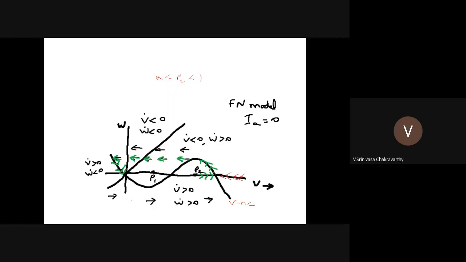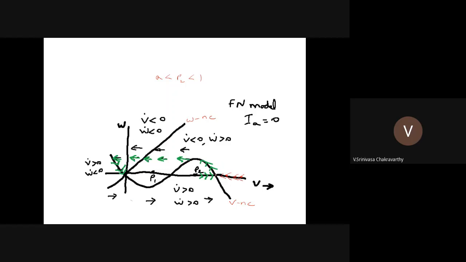But once you go to the line, V dot is 0, but that doesn't mean there is no force acting on the point, because W dot is still non-zero. The W null plane is here, so W dot becomes 0 only when you are on this line. But everywhere else, W dot is small in magnitude, but it is not 0.